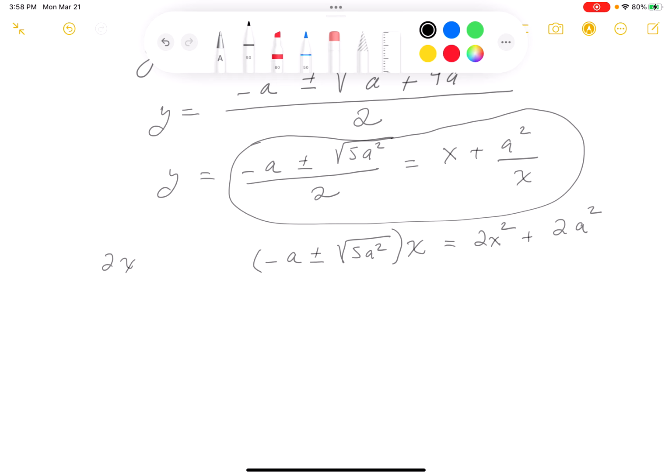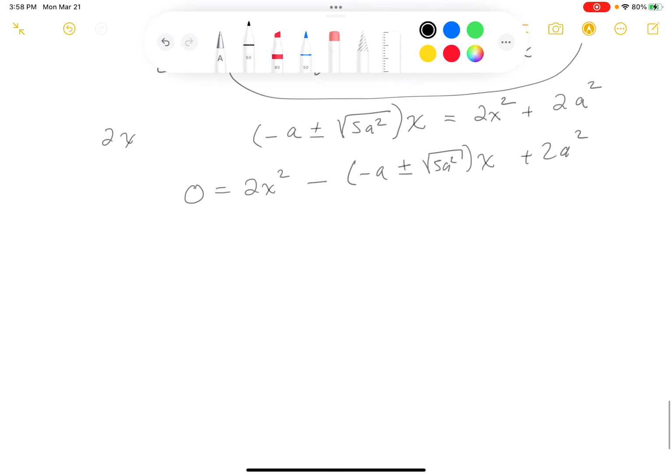Well, I'll write this down now. 0, 2x squared, minus a plus or minus 5a squared, x plus 2a squared. I want to clean that up a little tiny bit, though.